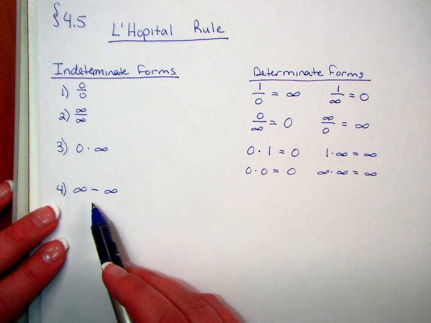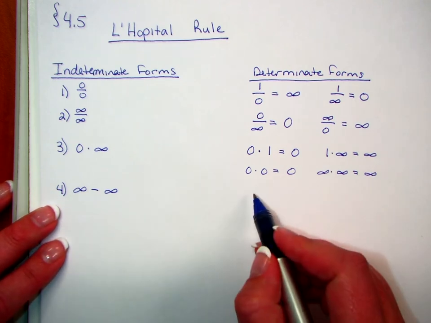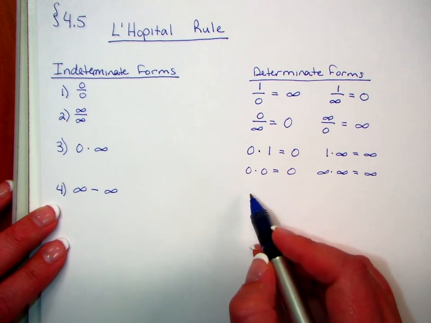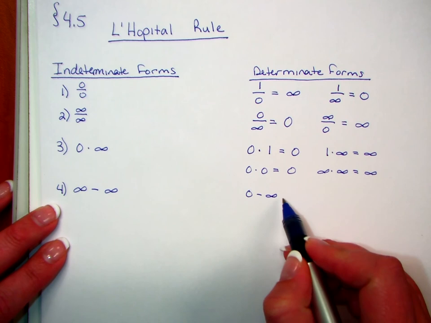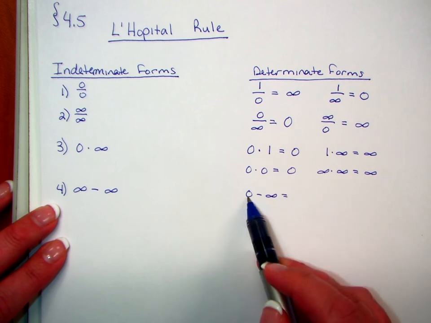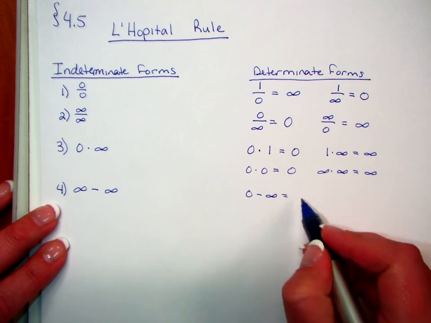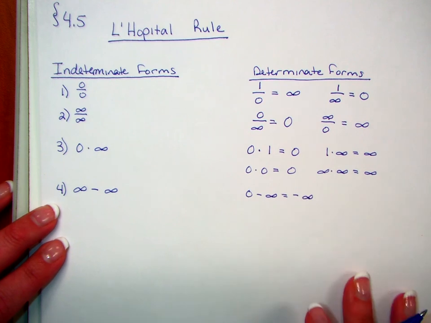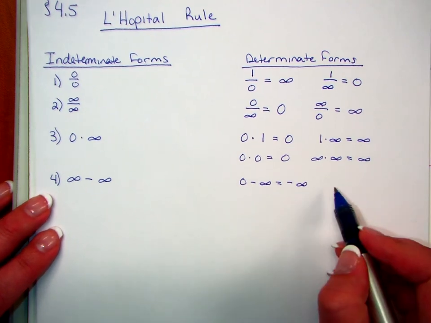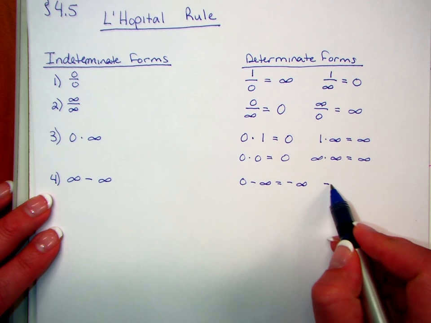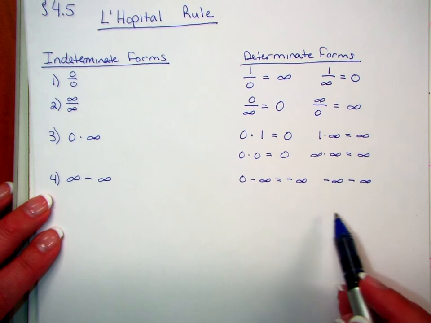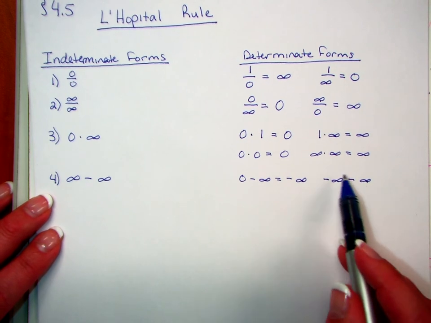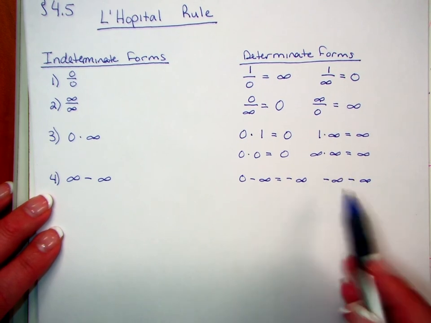So, some helpful determinate forms to compare to our indeterminate, some things we still know. If we do 0 minus infinity, if the first function is going to 0 and the second one is going to infinity, we are going to get negative infinity. If we had negative infinity minus positive infinity, notice both of our infinities are negative.